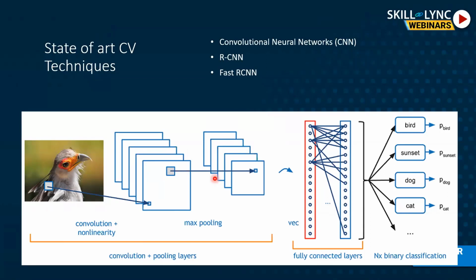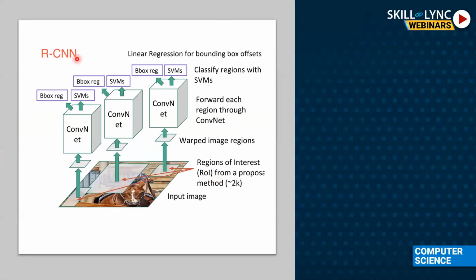Next, we have R-CNN. This R-CNN and the RNN are not the same things. This R-CNN is a region-based convolutional network, not a recurrent convolutional network. I told you about the two drawbacks of CNN.